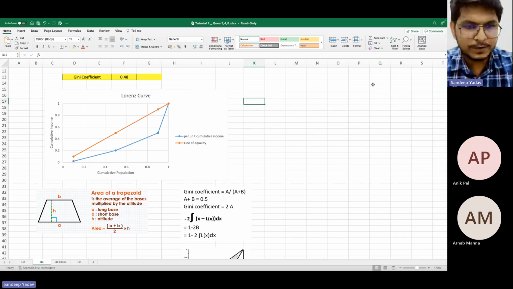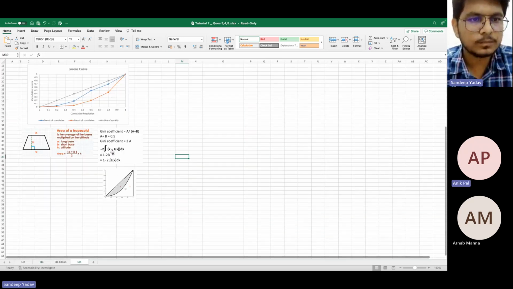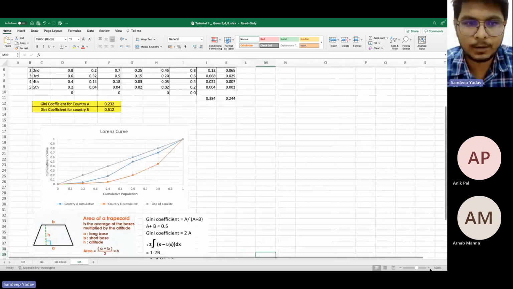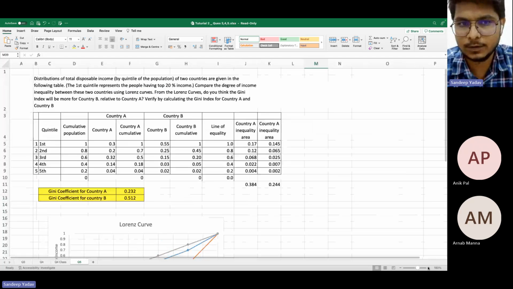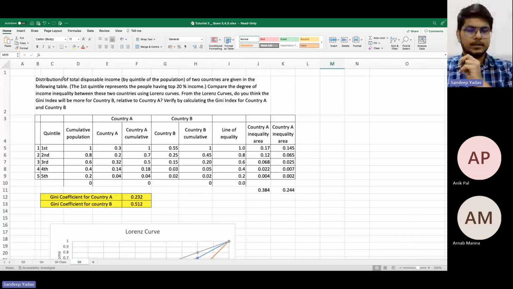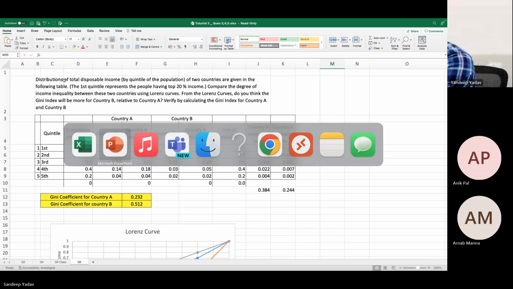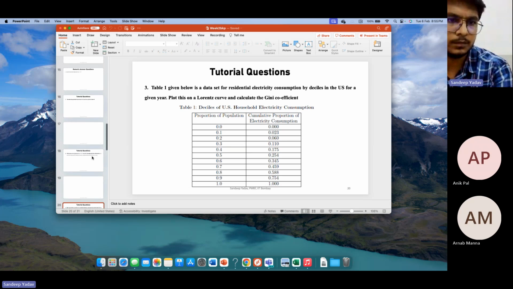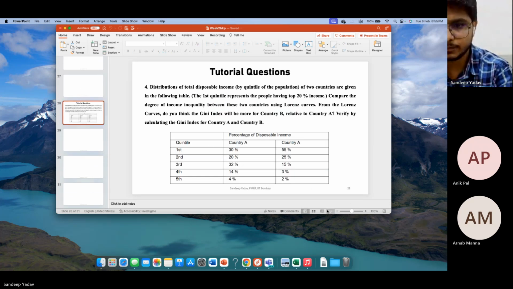Okay, let's move ahead to the final question. This is the multiple country question. This is the final question for the day.